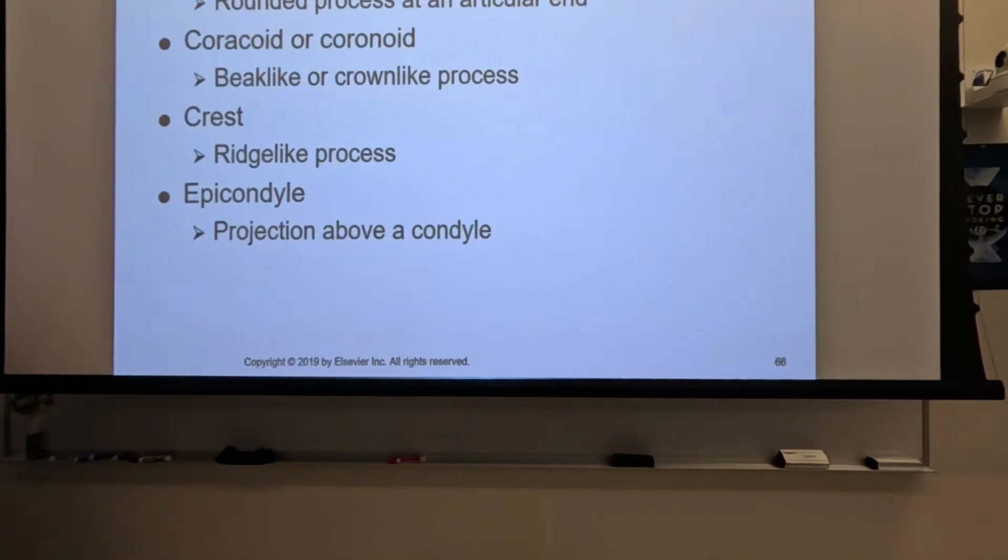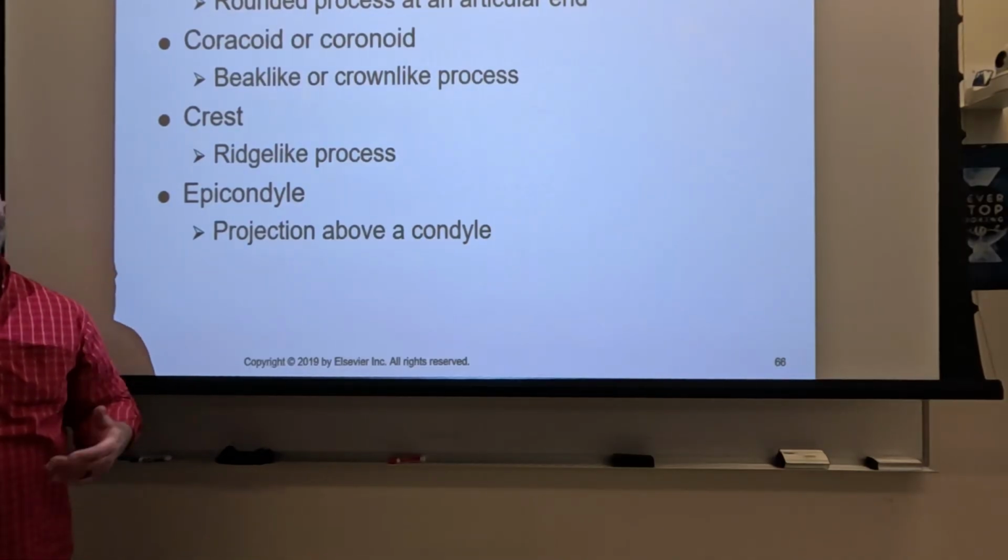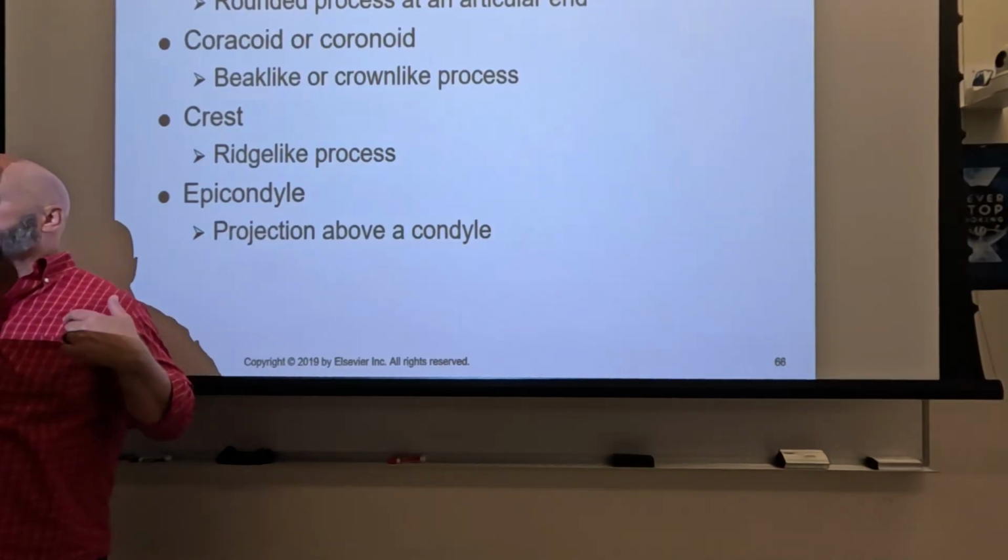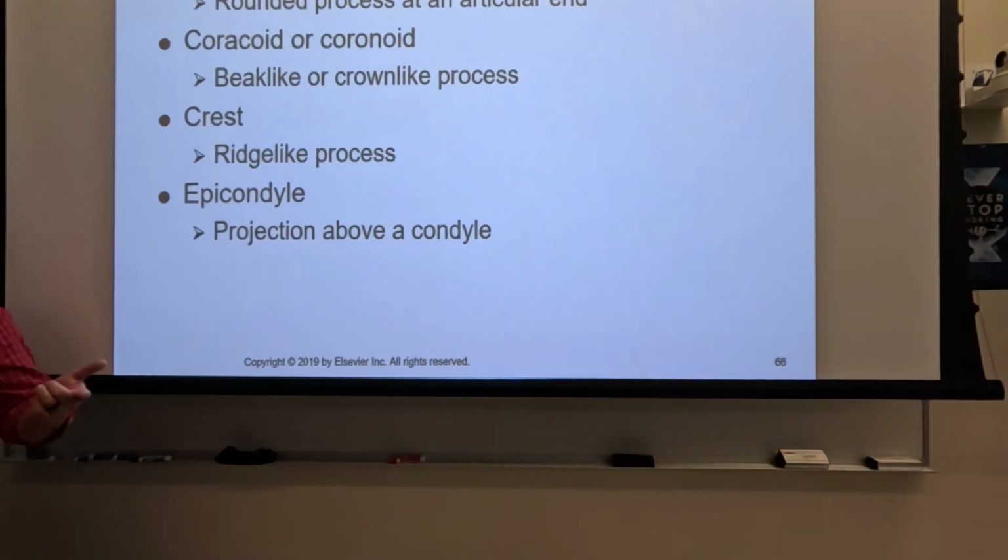So I didn't really want to wheel a skeleton down, so I got just the extremities. Next week, I'll probably bring it down just for the day. I'm going to leave these down here because we might make it to the elbow today. I hope we do, but we're going to use these for next weekend.